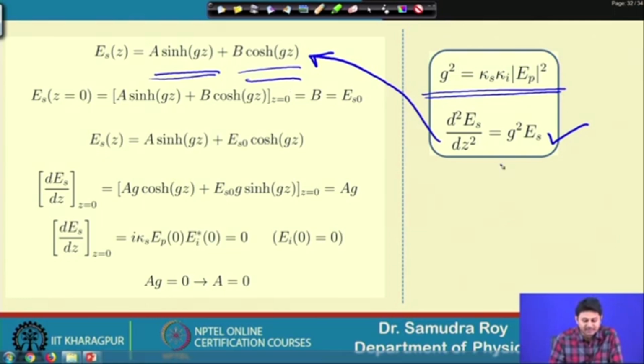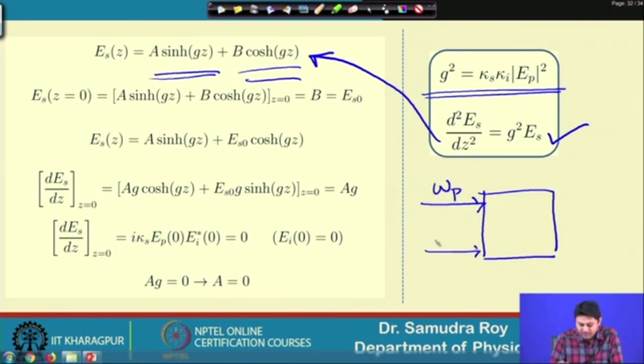The next thing is the boundary condition, and it is important to remember the structure. What is that? Omega p was launched along with omega s. So, the field associated with omega s is not equal to 0 at z equal to 0.